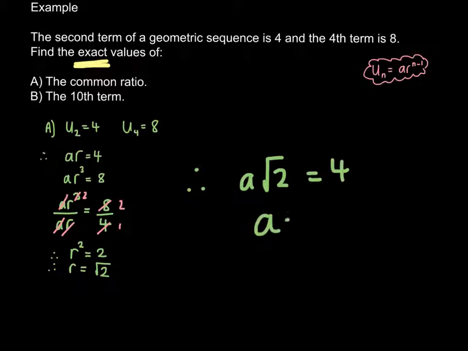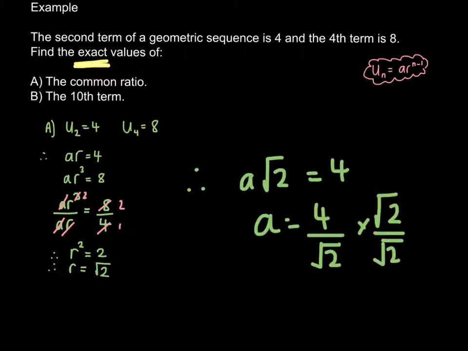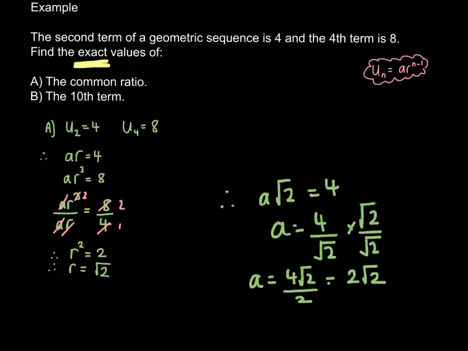So if we stick that back into the first one, AR equals 4, that tells us A root 2 is equal to 4, so A is going to be equal to 4 over root 2. What I'm doing now is just rationalising that. Root 2 times root 2 is 2, that gives me 4 root 2 on top. So I'd have 4 root 2 over 2, which simplifies down to 2 root 2, because 4 divided by 2 is 2.